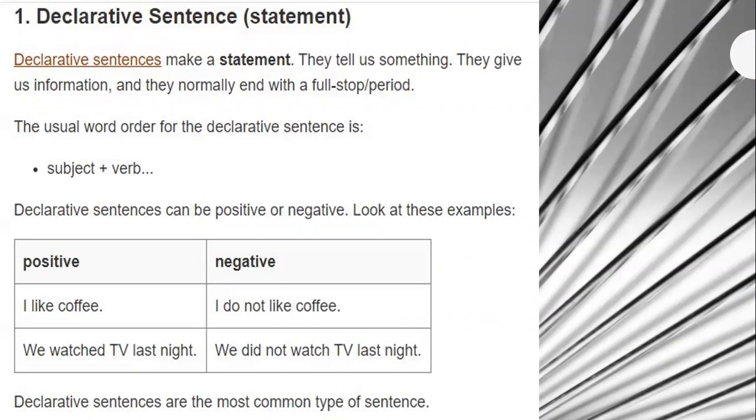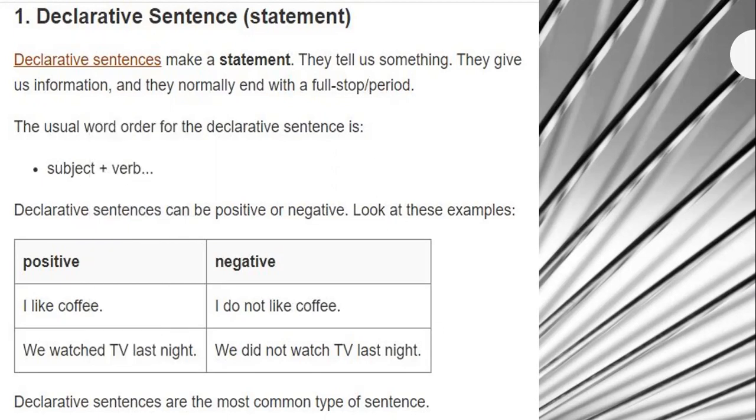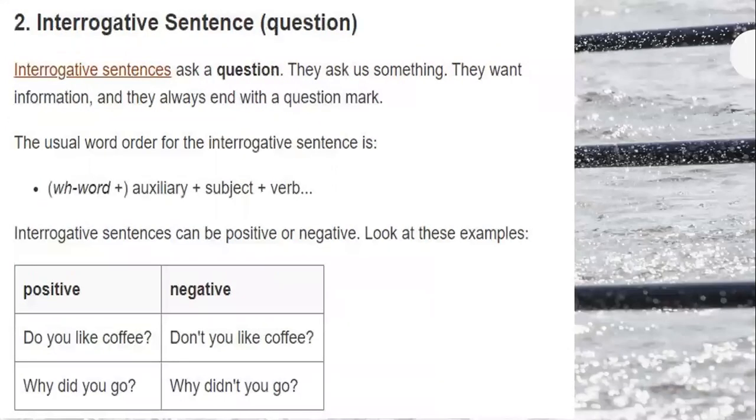I did not watch TV last night. So most of your sentences are going to give us that information. It's going to tell us something. Most of your essay for task is going to have this declarative sentence. It is the most common type of sentence. That's the most important thing you should know. It could be positive or negative, but it's always going to tell us something. This is the most common type.